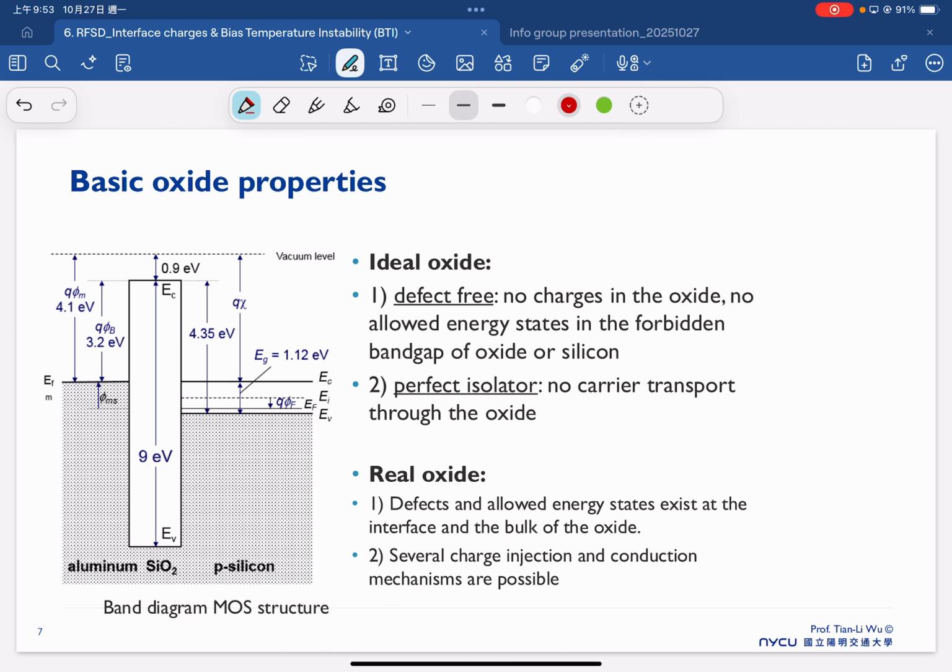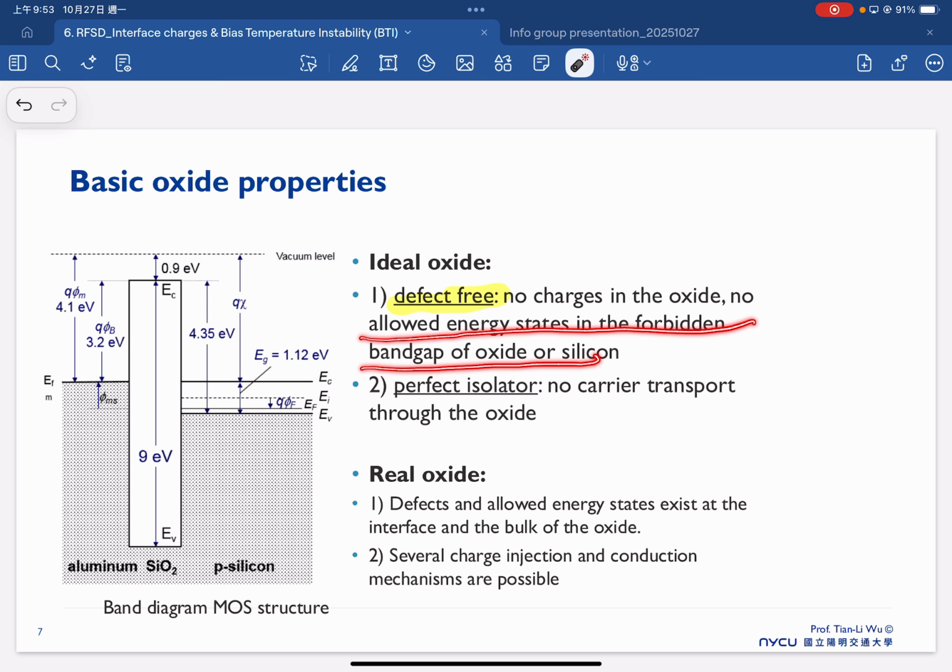So here we will describe some more about the ideal oxide and then the real oxides. As we already mentioned, the ideal oxide should be defect free. So we don't have charges in the oxide, nor allowed energy states in the forbidden band gap of the oxide or silicon.